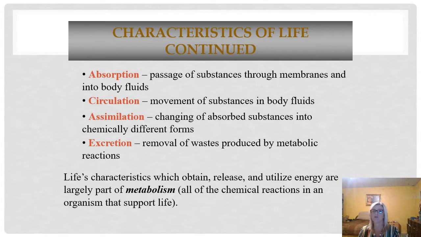So we have to have a way to send things like hormones, oxygen, and nutrients to different organs and organ systems in the body. Assimilation, I've already discussed that a little bit, but that's taking those substances into a different chemical form after it's been broken down that the body can use, and then we'll use that circulation to get it where it needs to go. And then we do have some waste. So we have excretion, that's removal of waste, and that is produced by metabolic reactions.